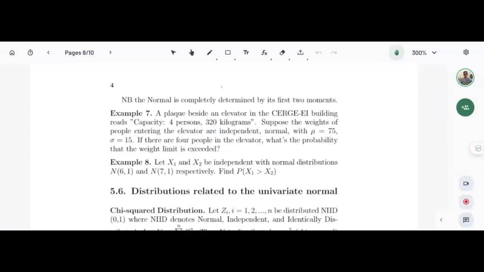That is the crucial assumption here we make. Maybe I have to use the red color. Independent and normal, and all of them have identical mean and identical standard deviation. So if there are 4 people in the elevator, what is the probability that the weight limit is exceeded?